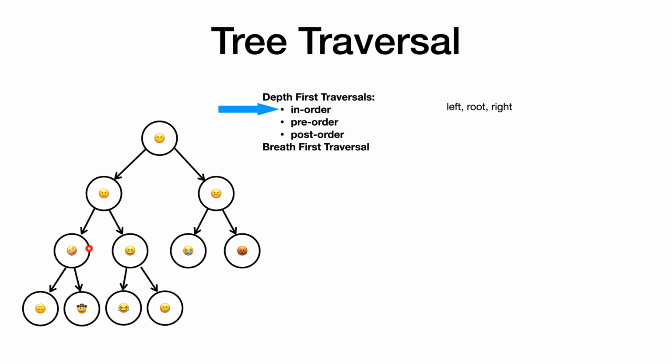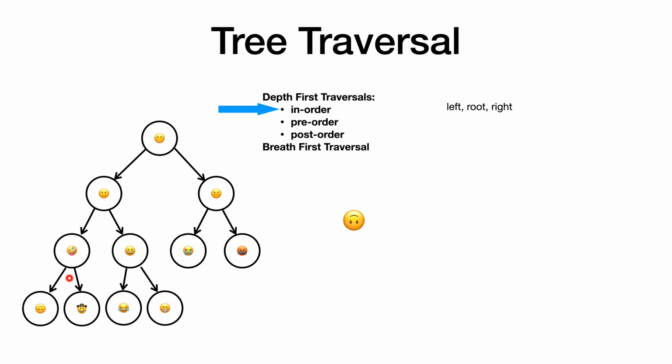So the silly face gets called, and he says, well, I need to print my left child first. So in order traversal, this guy is the one that's printed first. He prints himself because he doesn't have a left child. He would normally print his left child and then himself and then his right child. But in this case, he doesn't have any children, so he prints himself.